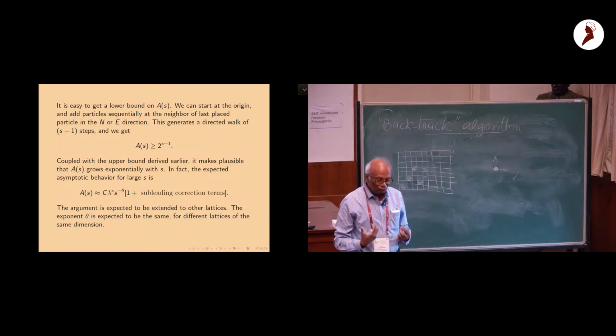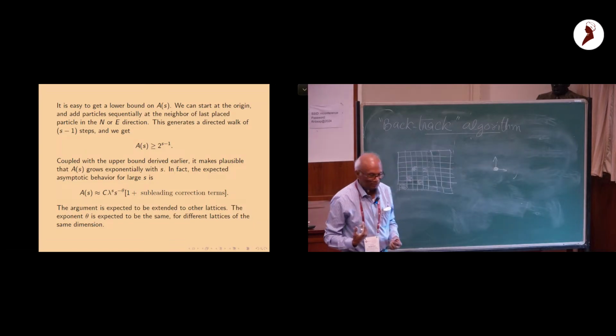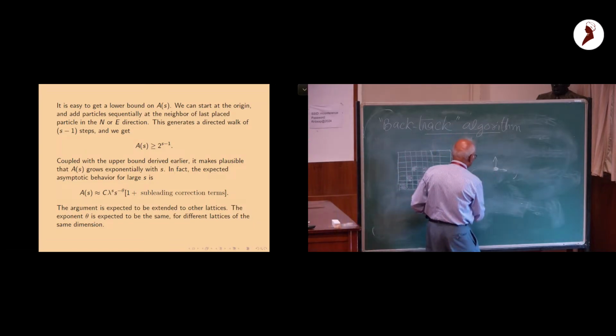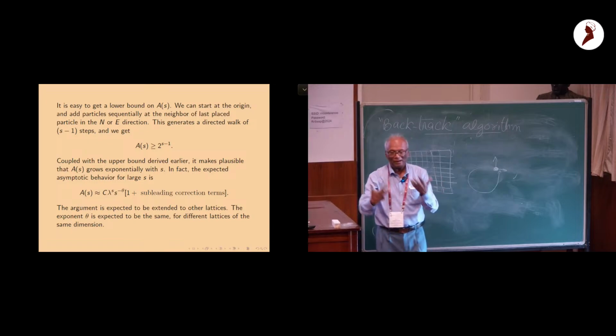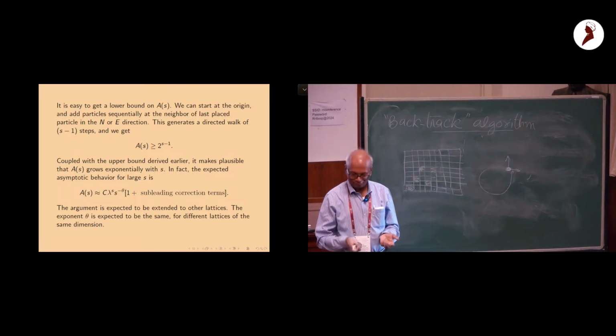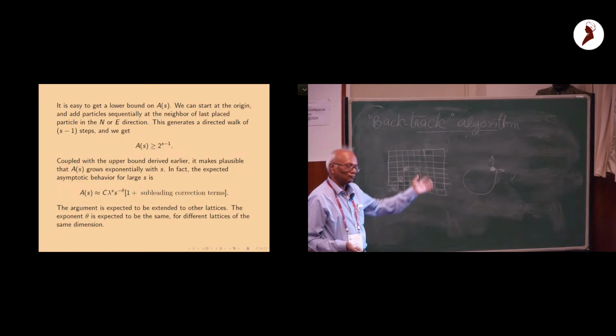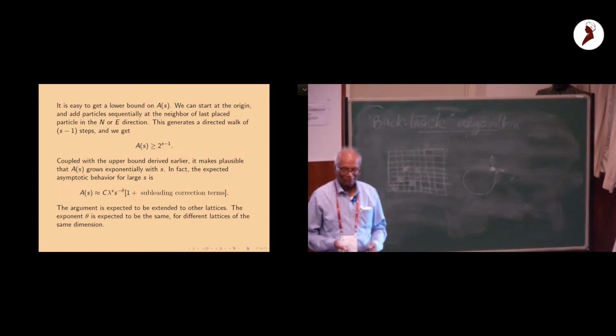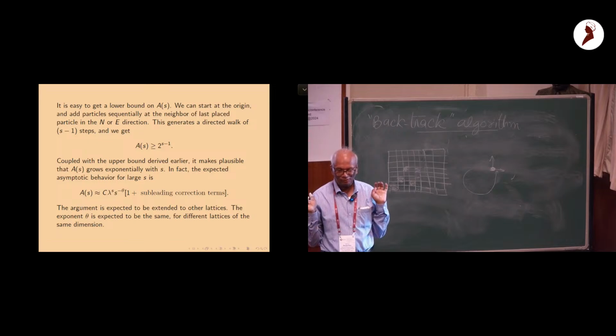Okay? This 2 cannot be changed into 3 just like this, because if I grow in 3 directions, then sometime I may come back and I may not be allowed. If I change 2 to 3, all the choices are not allowed. But of course, you can improve on this bound also, and it's interesting to see how to improve this bound.